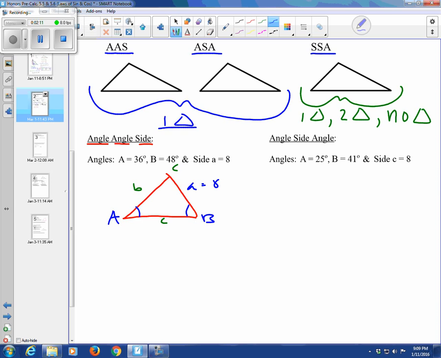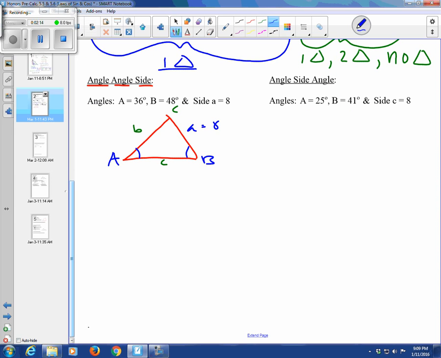So what we're going to do is set up the ratio that we have, which is the ratio for angle A to side a. So we've got sine of 36 degrees, that's angle A, to our length of 8, which is the side opposite A. And we're going to set that equal to the ratio involving the other dimension that we're given. The other dimension we're given is angle B, so we're going to say sine of angle B, 48 degrees, over side b, which is one of the dimensions we're missing. Now what we've got is an equation involving the variable side little b.